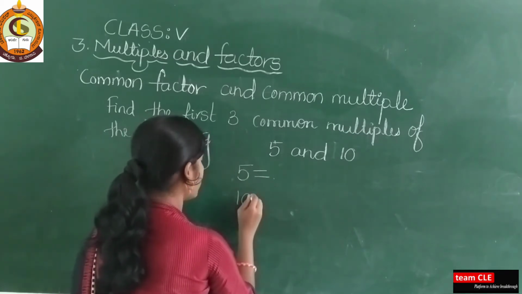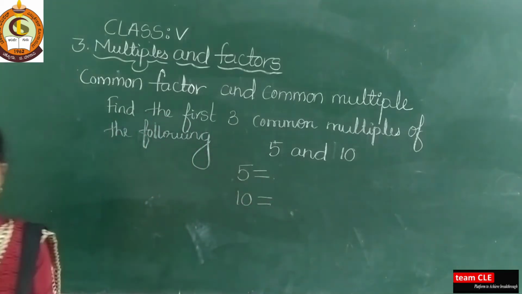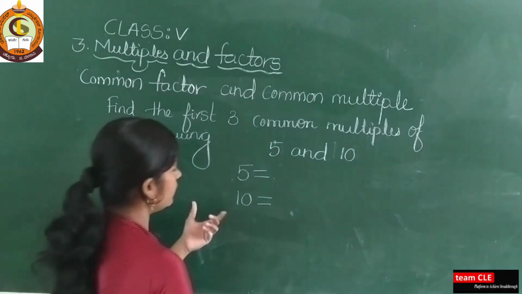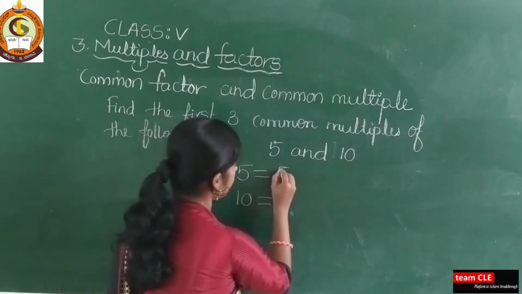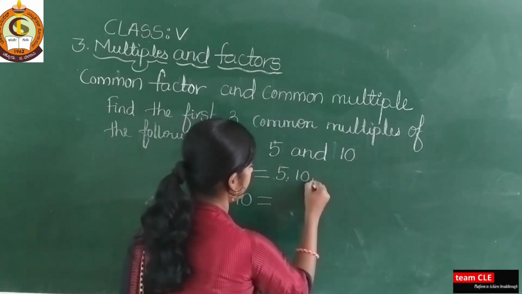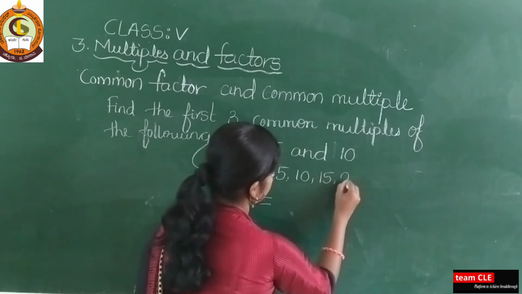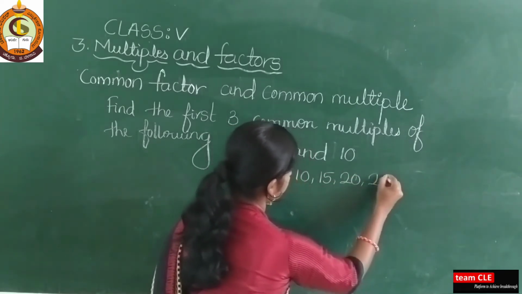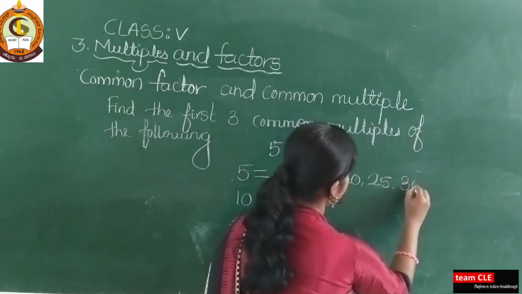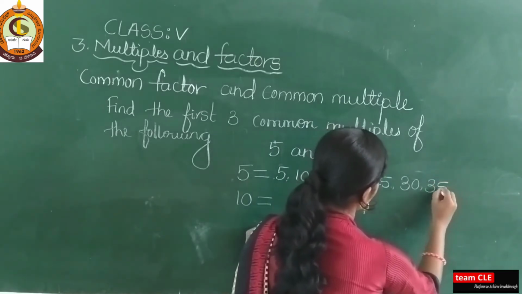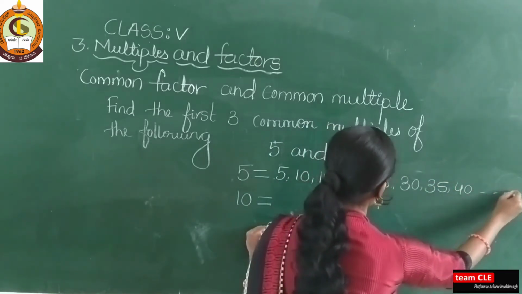First I need to write the 5 ones table, next the 10 ones table. Next you need to check the common multiples. So write here 5 ones are 5, 5 twos are 10, next 15, 20, 25, 30, 35, 40, and so on.